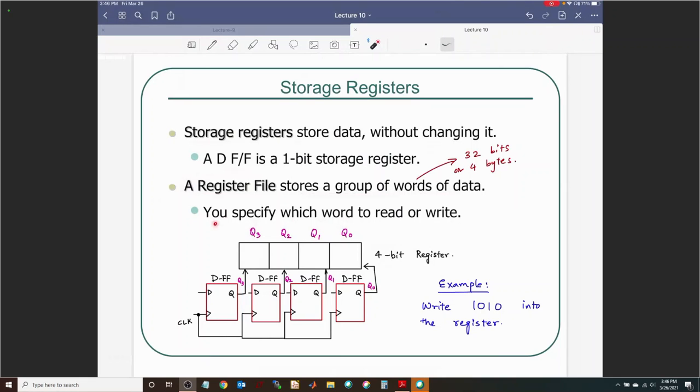And you can specify which word to write or read from, right? So imagine a collection of registers, and you can change or write to any one of them, or you can read from any one of them.